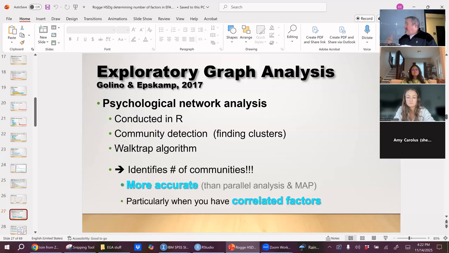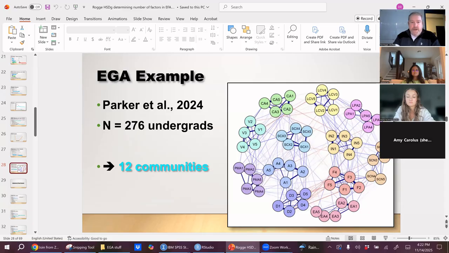They simulated this against parallel analysis and MAP and found EGA gave more accurate results, especially if your factors were really correlated with each other.